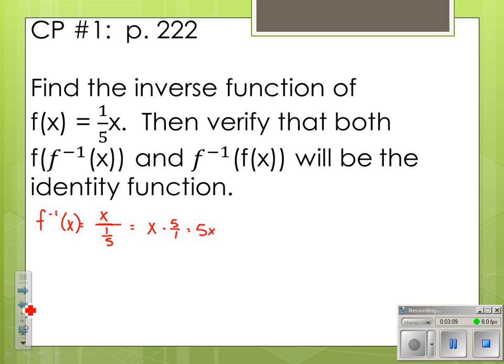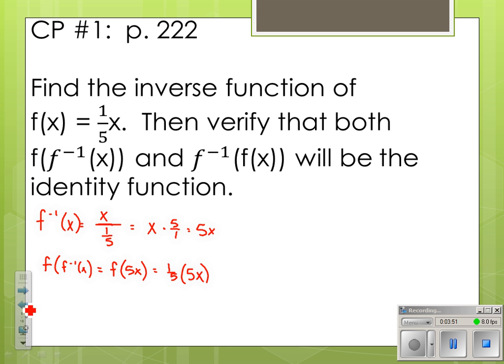So if we're going to do these compositions now, we need first f of f inverse of x. So if we were to take f of 5x, plugging 5x in for the x's of our initial function, instead of having 1/5 times x, we would have 1/5 times 5x.